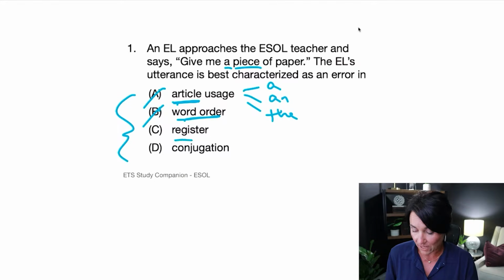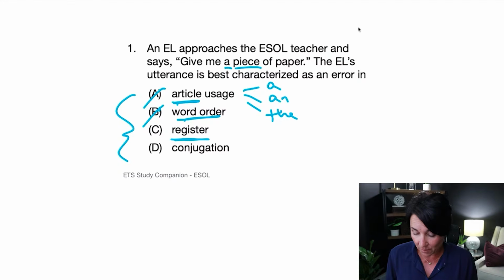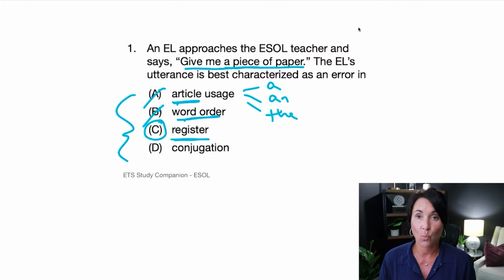Let's look at C, register. Now, register has a lot to do with whether it's formal or informal language, all right? So register is going to be the proper answer here because this give me a piece of paper is way too informal to be speaking to a teacher that way, right? In our society and in most societies, you speak to teachers with a little bit more respect than ordering them around.